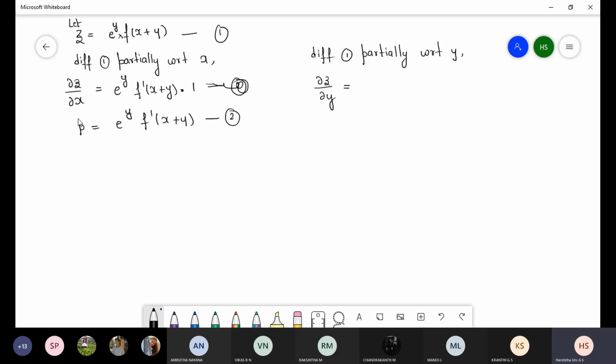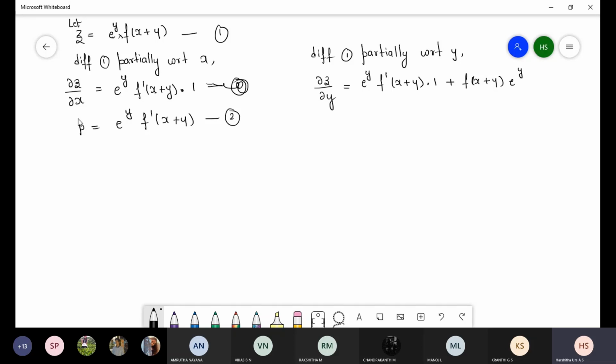So we have to use the product rule. First I will take e power y as a constant term. Differentiation of f of x plus y is f dash of x plus y into differentiation of y, which is 1. Plus I write f of x plus y as it is as a constant term. Differentiation of e power y is e power y.